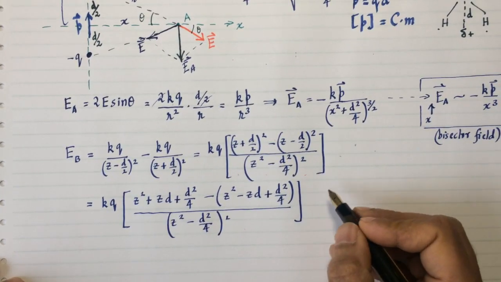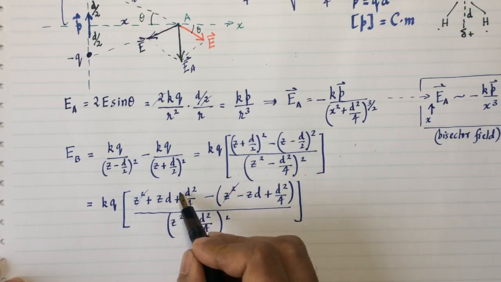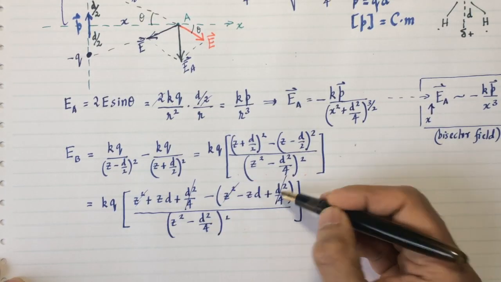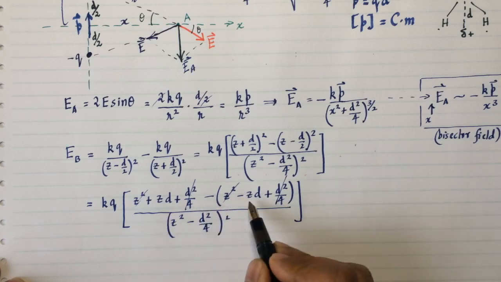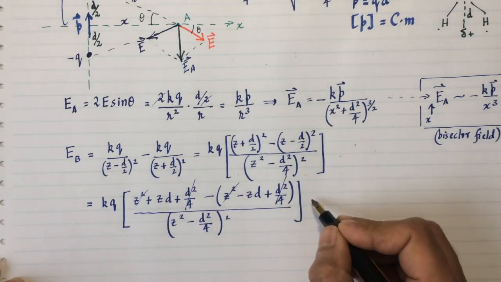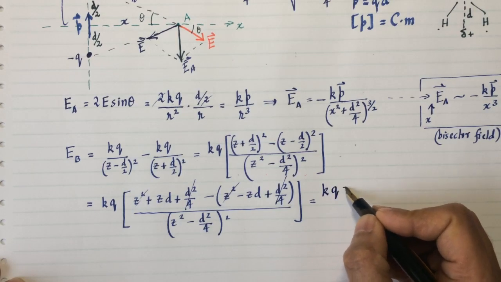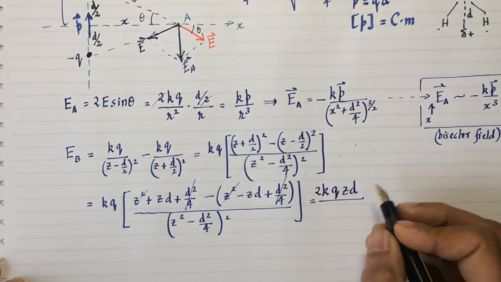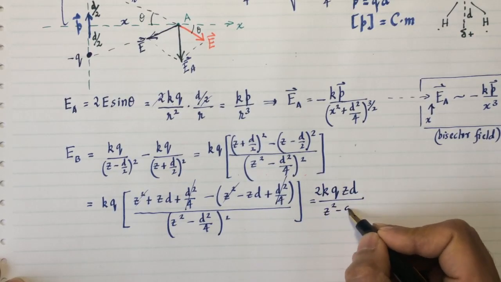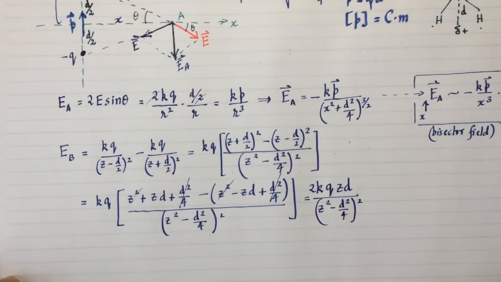All right, now we cancel out terms that have the opposite signs. Now these two will add, because that's a minus of a minus, which is a plus. So I'm going to get K times Q Z D times 2 divided by (Z squared minus D squared over 4), the whole thing squared.